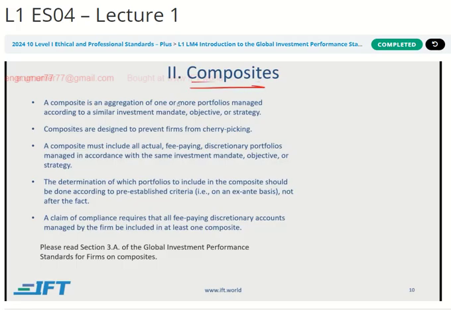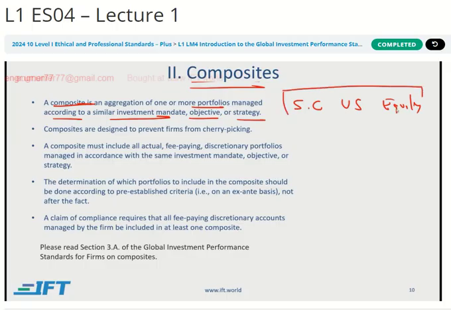Moving on to composites. A composite is an aggregation of one or more portfolios managed according to a similar investment mandate, objective, or strategy. So, for example, we might have a composite which is based on small cap US equity. So, all portfolios that are managed with this particular mandate would fall in a particular composite.